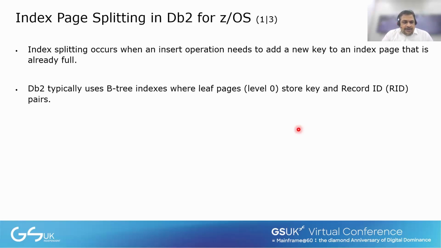So when a leaf page is full on insert, DB2 allocates a new page from the free list, so whatever is available, or it extends the pages, and then it allocates. And then it redistributes the entries. So first it is allocating a new page, then it is redistributing the data.